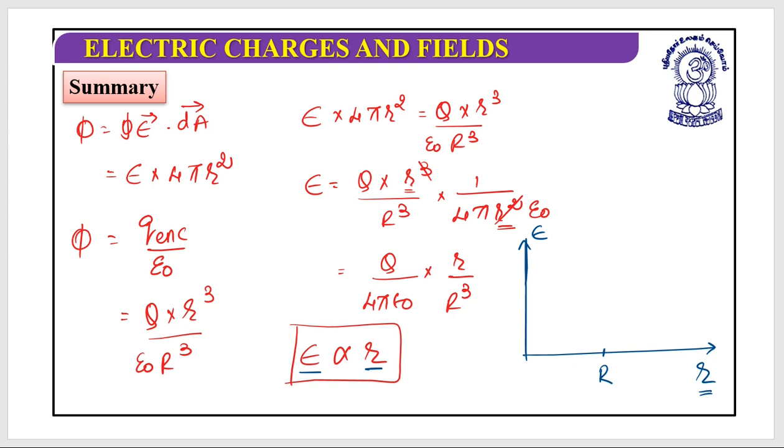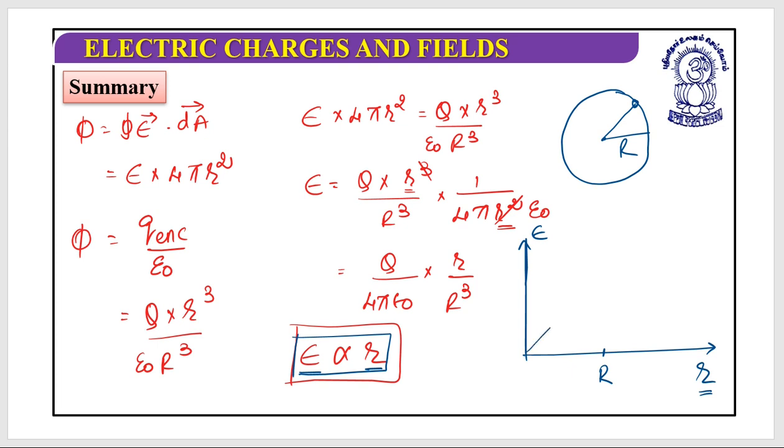Can you see this? E is directly proportional to r. Up to what distance will this go? This is the sphere, with radius R. A certain term is within R and the other term is after R. When I travel within the sphere, up to the radius R, I have a relation directly proportional to the distance.